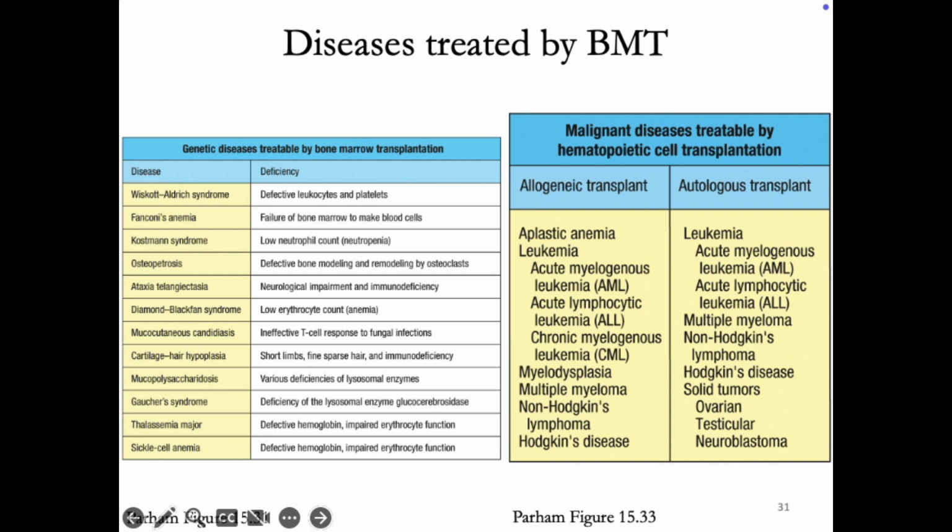A number of them are genetic diseases where there are issues with immune genes, and so we want to give someone bone marrow that doesn't have that issue so that they will have an immune system. For example, if you don't have RAG1 and RAG2, you can't make B cells and T cells. So we just give you some bone marrow that does have RAG1 and RAG2. And then you can make B cells and T cells, and you live happily ever after.